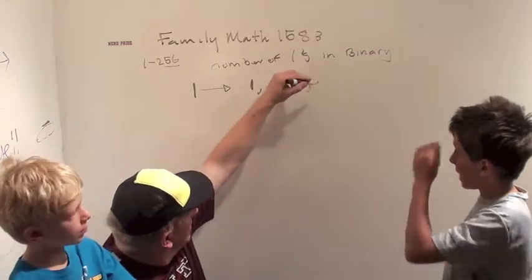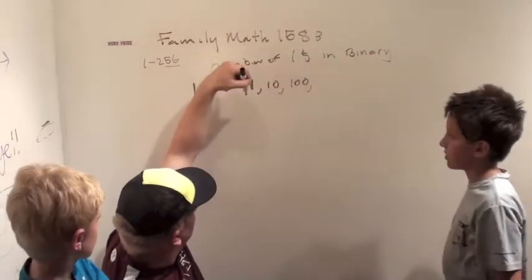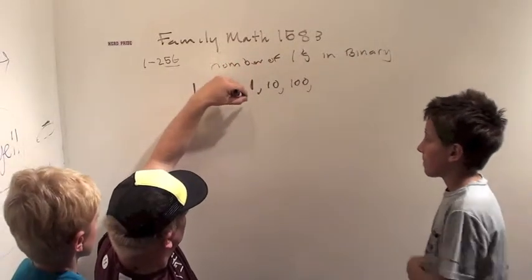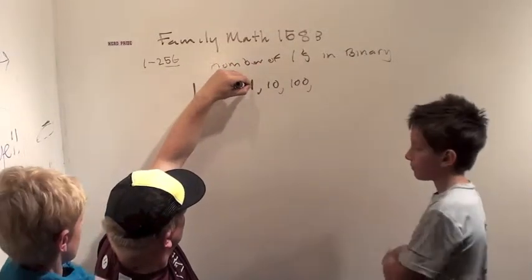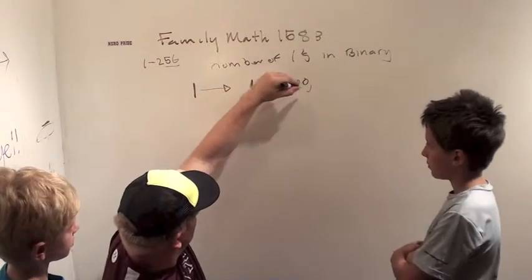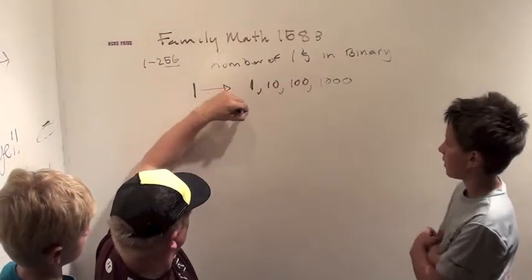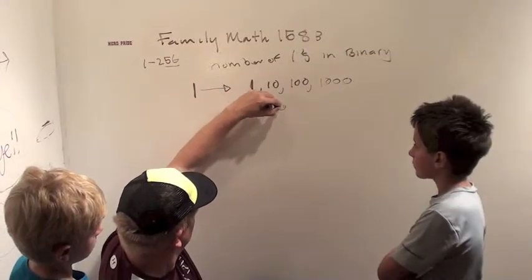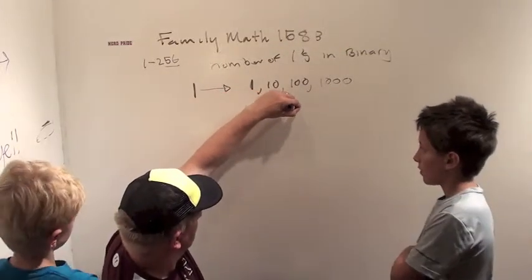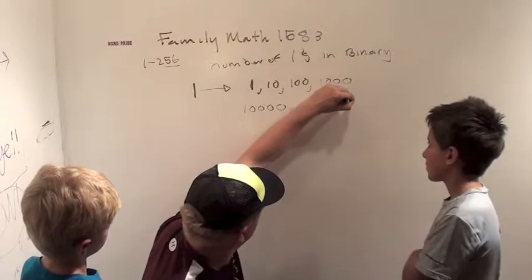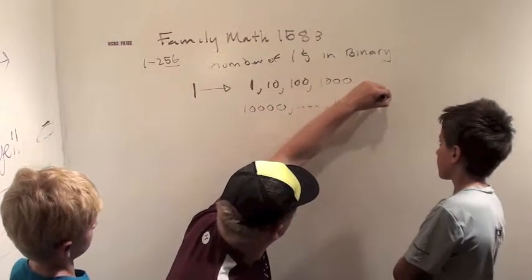So I think there's going to be 8 of these. Because it goes up to 2 to the 8th. Well, let's see. 1, 0, 0, 0. Maybe 9. 1, 0, 0, 0, 0. There's 4 zeros. And we're going to go all the way up to 8 zeros.